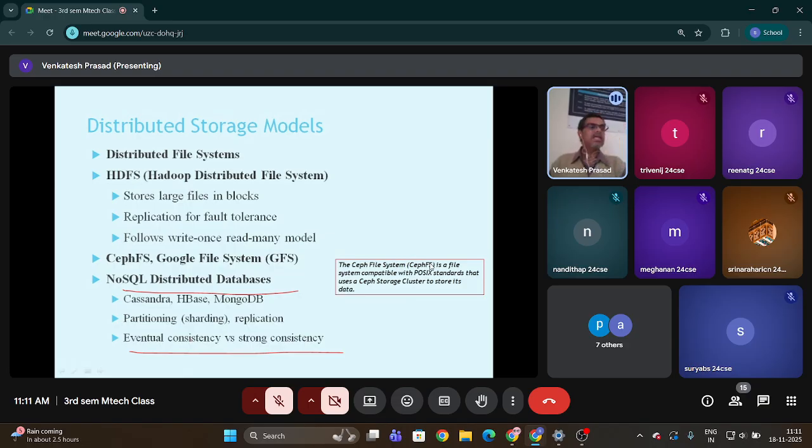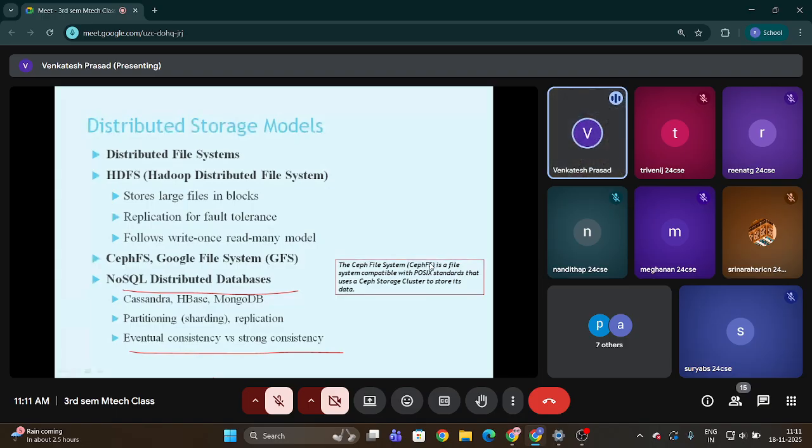So just to give you an example, if you're doing a bank transaction, let's say a credit transaction of 10,000 rupees, the credit goes to server 1 or storage 1, that has to be quickly synced up or replicated across the distributed networks.